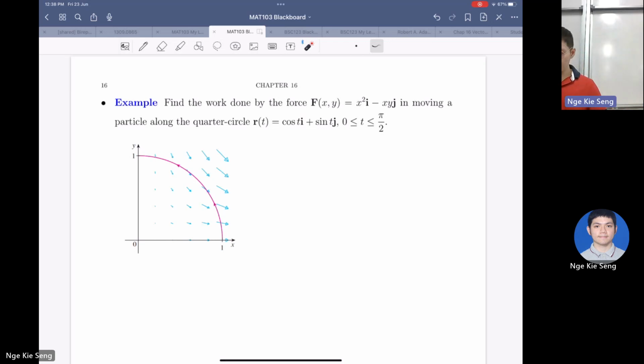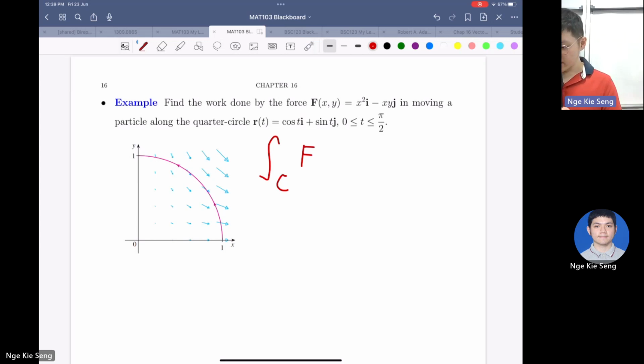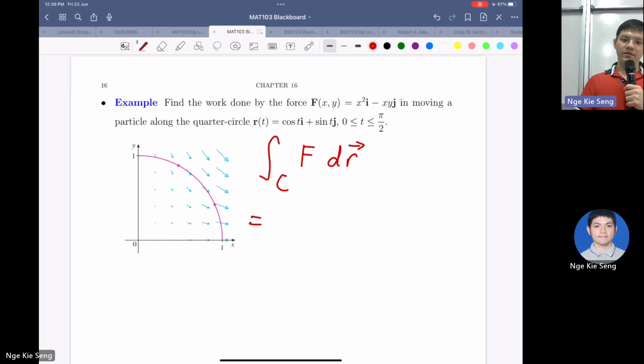So we want to find this work done. What is the formula for work done? We integrate over the curve, F dot dr, the direction. So by definition, what is this? There are a few ways to do this actually. Which way do we want to try?